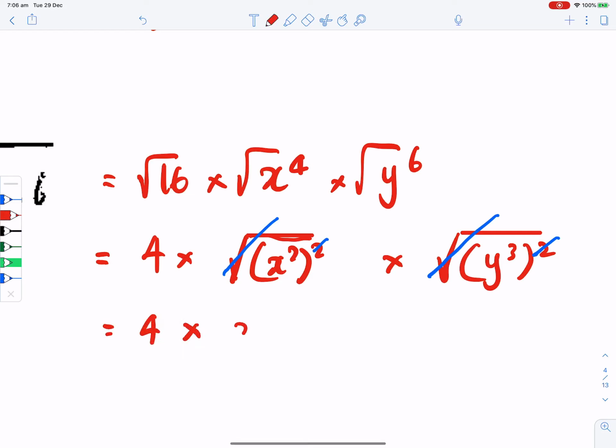This is going to be x squared. And this last one is going to be just y cubed. Because again, if you have a look at what we discussed, the square root and the squared eliminated each other, and you see what's left, just the y cubed.